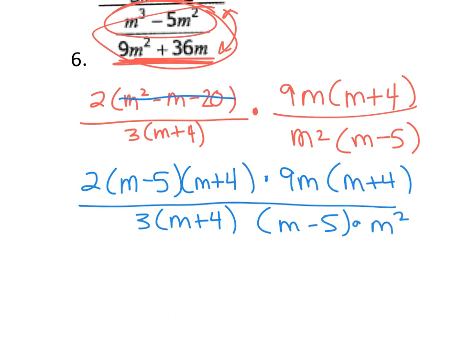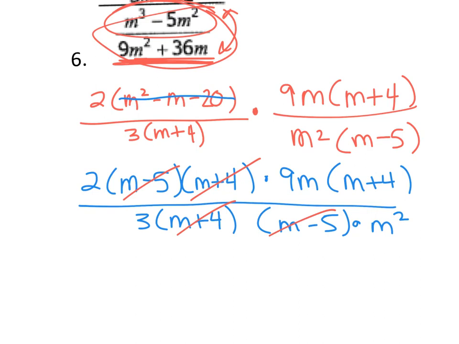So now that everything's factored out, I can cancel out factors. A common mistake that I see is people will cancel out both of these with this one, but you can only cancel out one of these common factors with this common factor. So it's a 1-to-1 relationship. These two cancel out. My m minus 5s will cancel out.